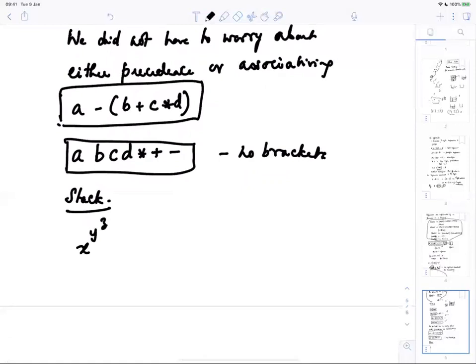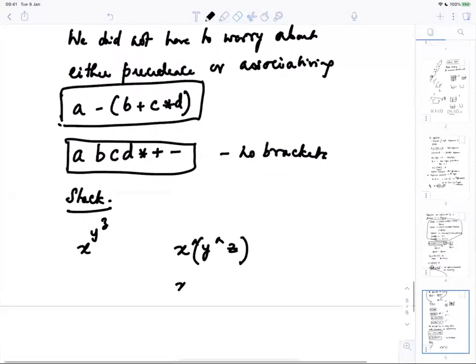I'm going to talk to you about this. If I write x hat y hat z, it's actually x hat (y hat z), and not (x hat y) hat z. That is not correct. Okay, so we'll stop here and continue with stacks in the next week.